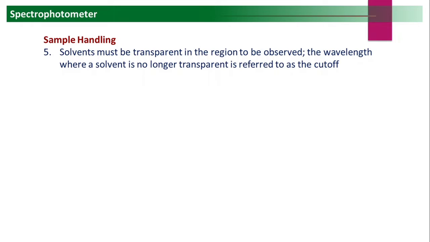The solvent must be transparent, so it should not absorb the UV radiations. The wavelength where the solvent is no longer transparent is referred to as the cutoff. So if the solvent starts absorbing radiation, that wavelength is called the cutoff.